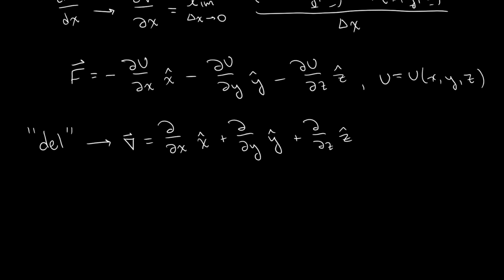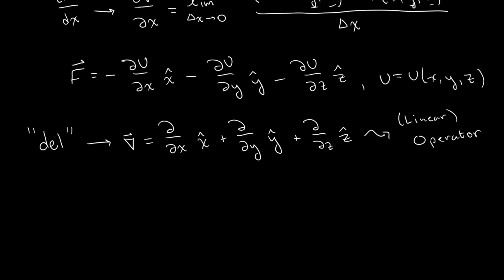Now, just like writing d by dx, it doesn't really make a whole lot of sense on its own, and really only makes sense if I'm actually acting on some function of x. So, more formally, this is known as some linear operator. Just like our regular one-dimensional calculus derivatives were linear operators, this is also a linear operator, just meaning it acts on something to give me something else.